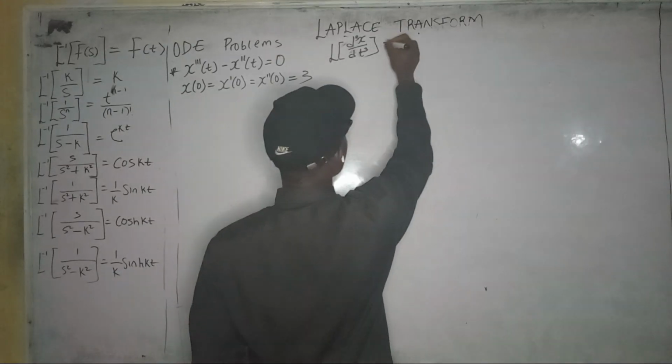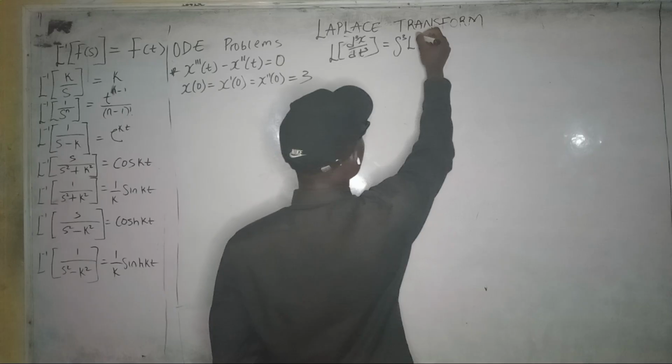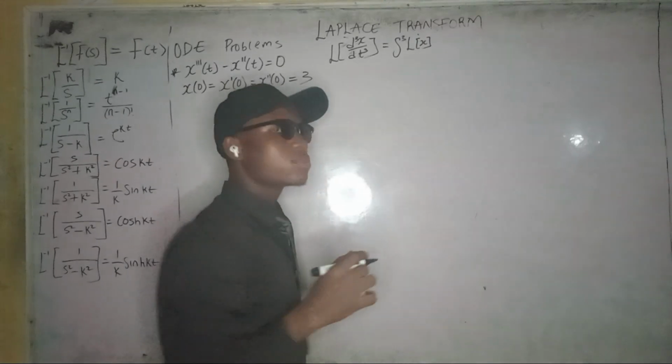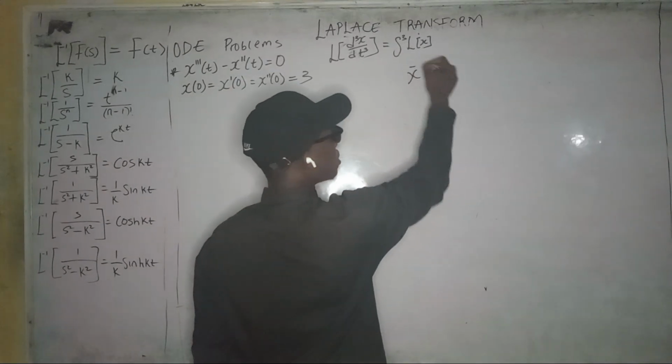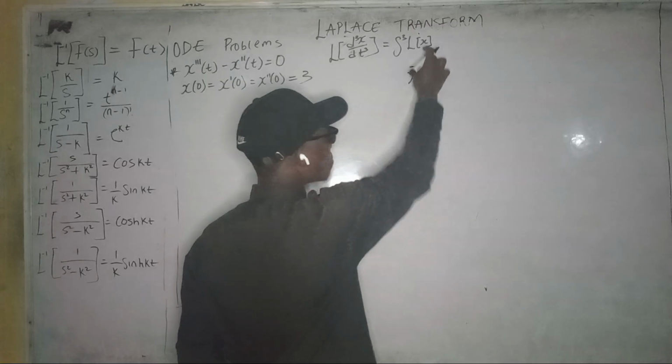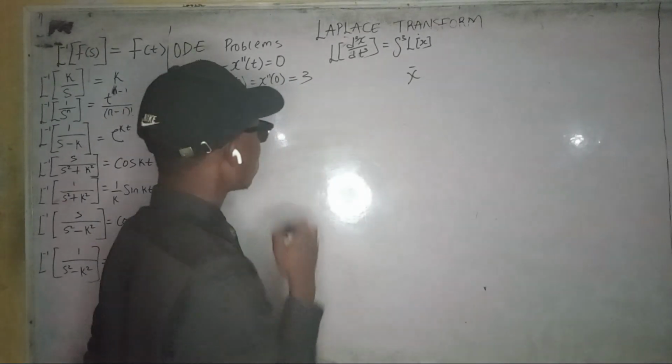This is equal to s cubed times the Laplace transform of x. In some books, you are going to see this as x bar, which is the same thing as the Laplace transform of x. You just need to identify what we are talking about here.